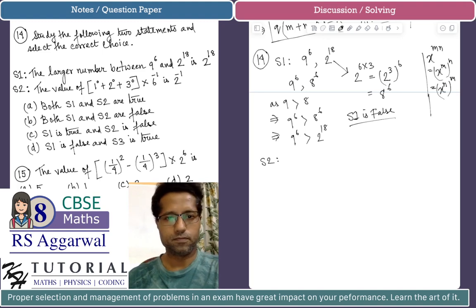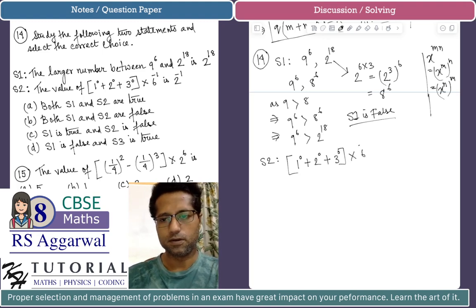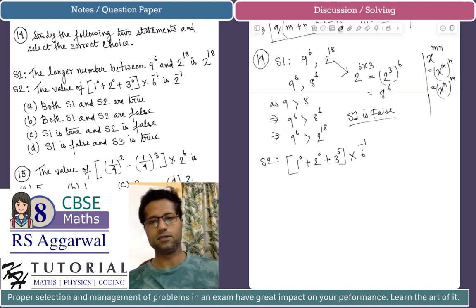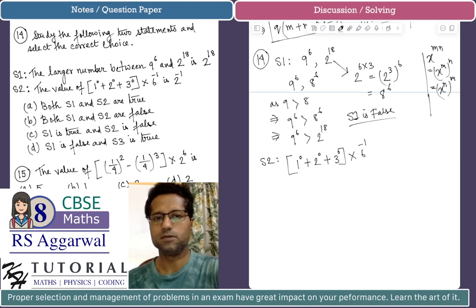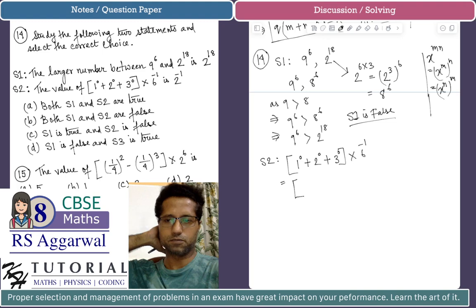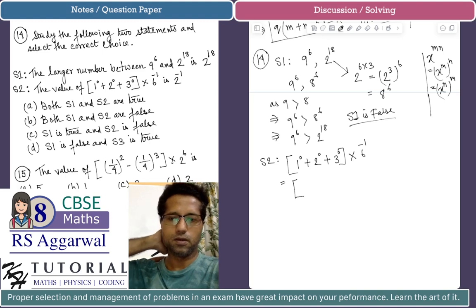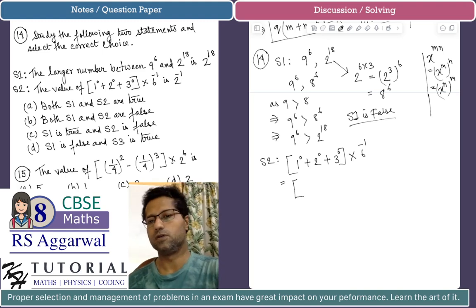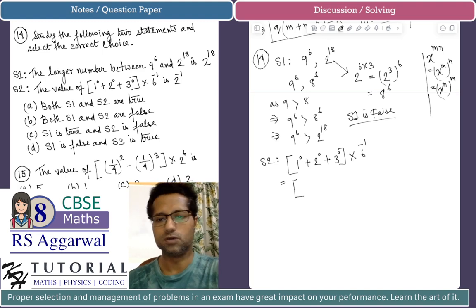The expression given is 1 raised to the power 0, 2 raised to the power 0 plus 3 raised to the power 0, multiplied by 6 raised to the power minus 1. It is saying that this value is 2 to the power minus 1, that is 1 by 2. Let's see. Any exponential term with a non-zero rational base and power 0 is always 1.